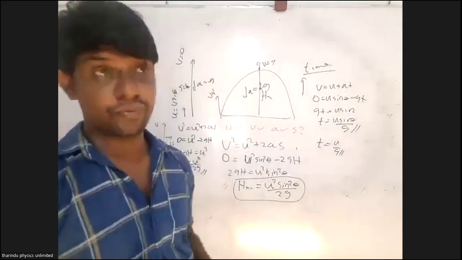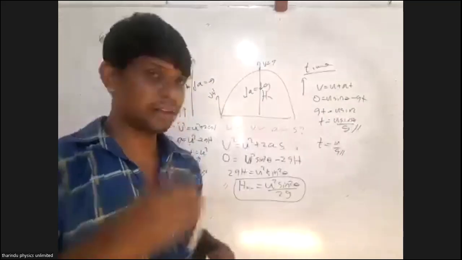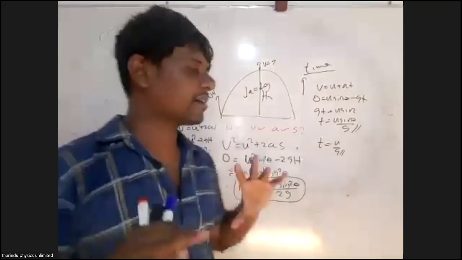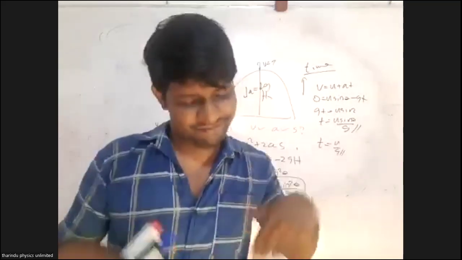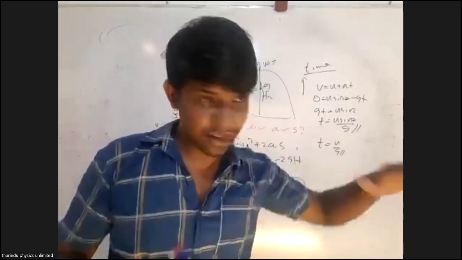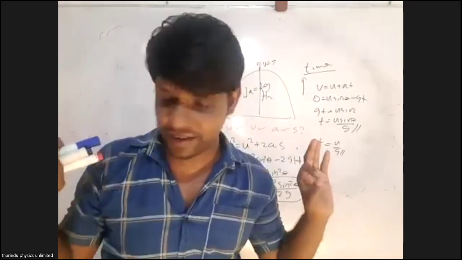That's why I told you to pay more attention to the regular motion under gravity and the vertical projectiles. Very important. Once you really master the vertical motion, the other two parts, horizontal projectiles and projectiles at an angle, are going to be a cakewalk.